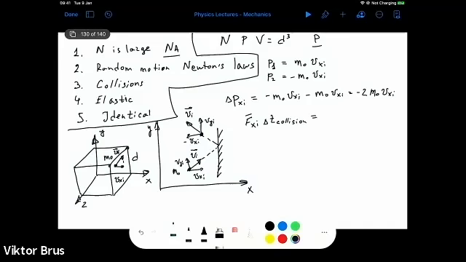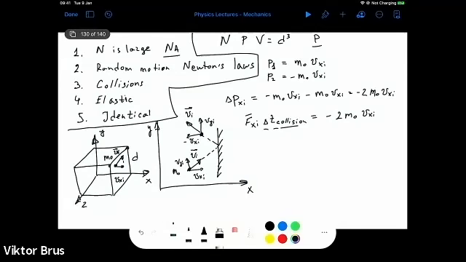It is equal to the change of momentum that we remember from the course of mechanics. And this will be equal to minus 2 m naught Vxi. So this time of collision is kind of a tricky time because very short, it's not easy to define. However, we don't need to do this because we can consider a longer time.